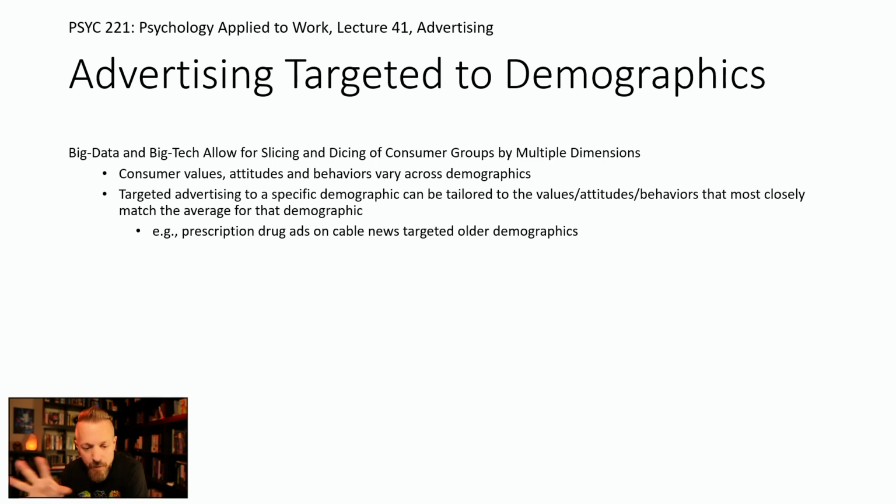So you've got an older market, and one of the things that older people often have is health issues, and so it's sort of a captive market for prescription drugs. You see a lot of prescription drug ads, but then start looking at those ads. And ask yourself in the ad, what are they selling? What are they displaying?